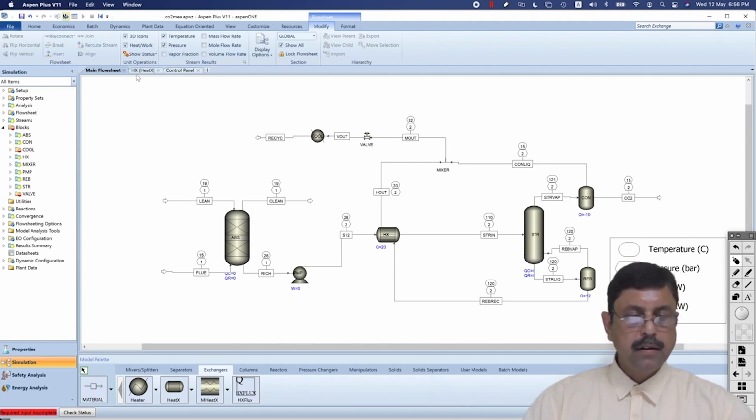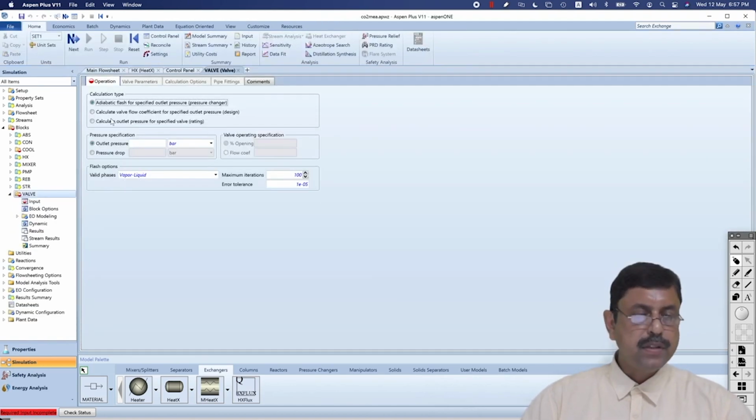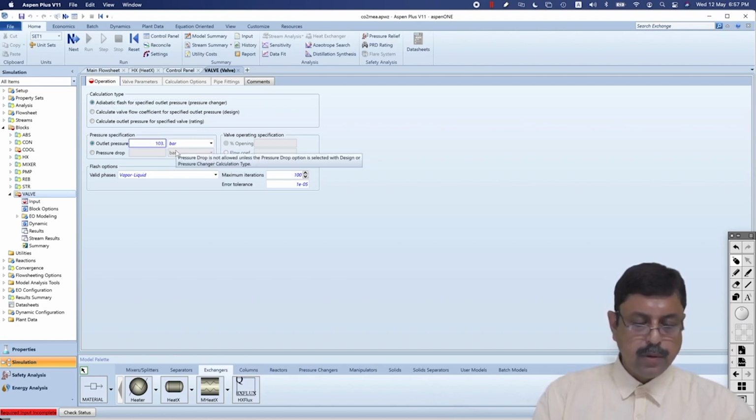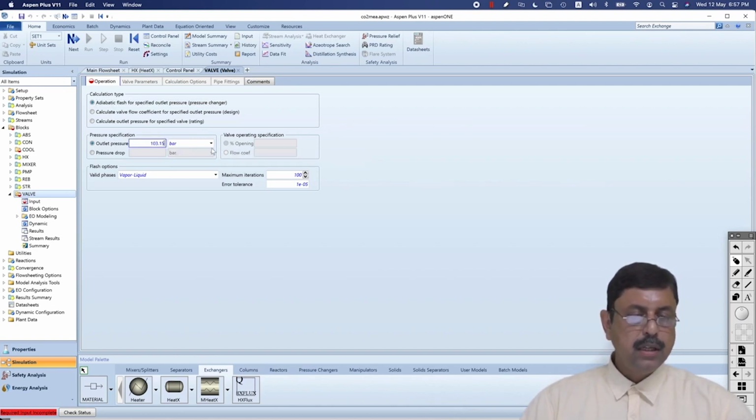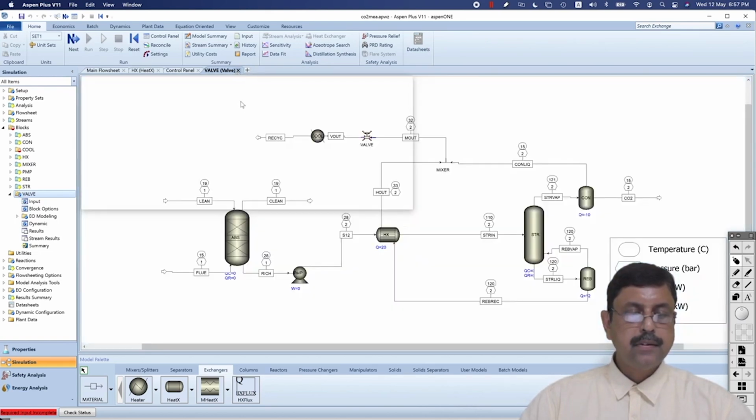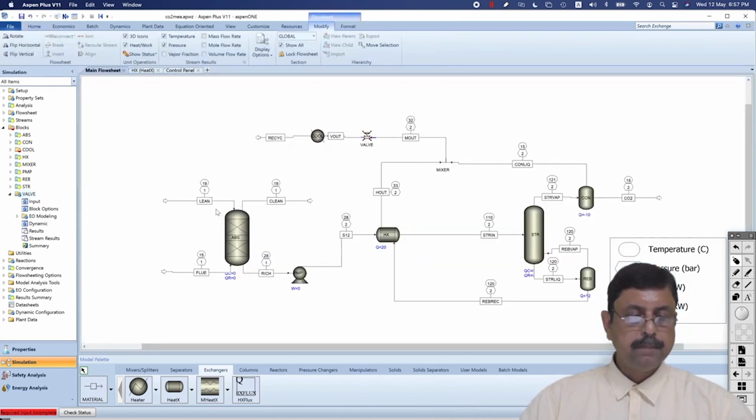And then we have to specify the outlet pressure of the valve, or discharge pressure of the valve, and that is 103.15 kilopascal, because that is the pressure at which lean amine enters the column.